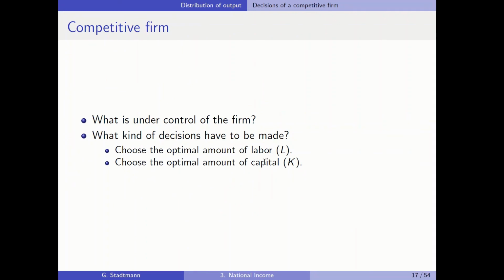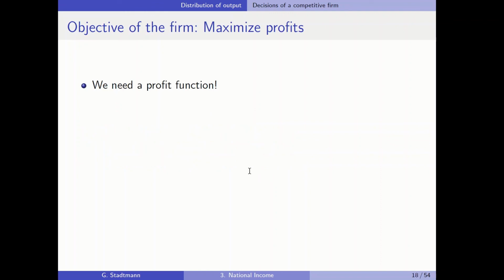We have to think about what is under control of the firm, what kind of decisions have to be made, and it is the case that the company, or to be more precise, the manager of the company, has to choose the optimal amount of labor, and also has to choose the optimal amount of capital in order to maximize profits.